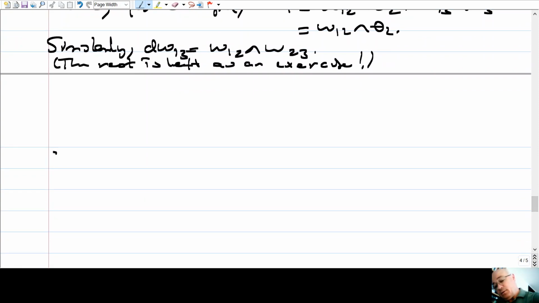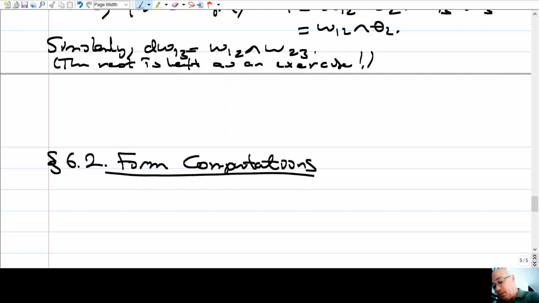Now let's skip to the next section, which is called form computations.